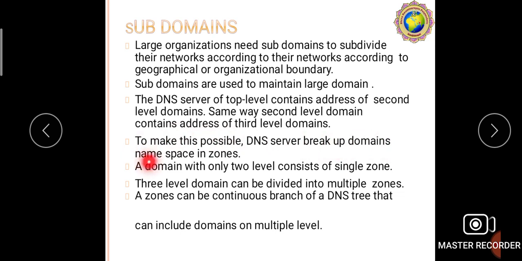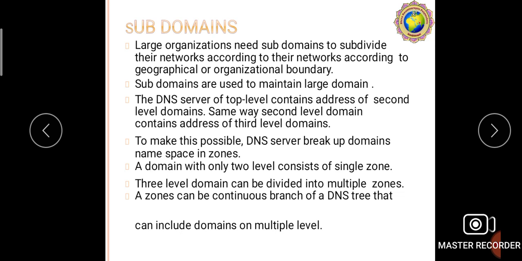So a domain with only two levels consists of a single zone. A three level domain can be divided into multiple zones, and a zone can be a continuous branch of a DNS tree that can include domains on multiple levels. So this concept is regarding our subdomain concept.